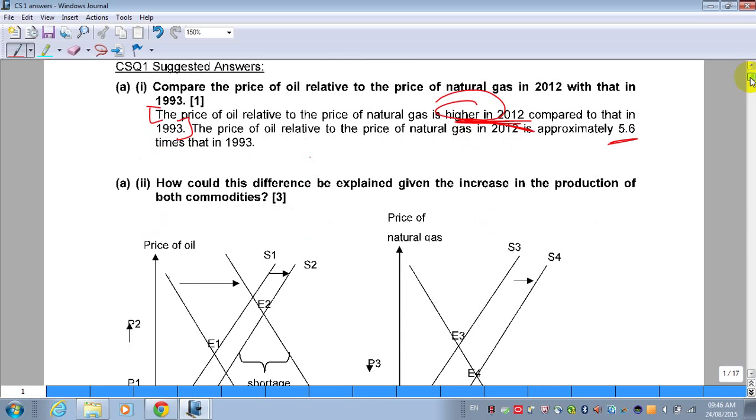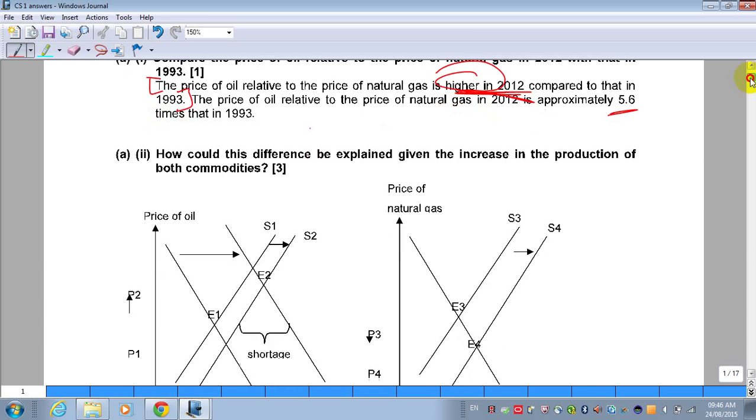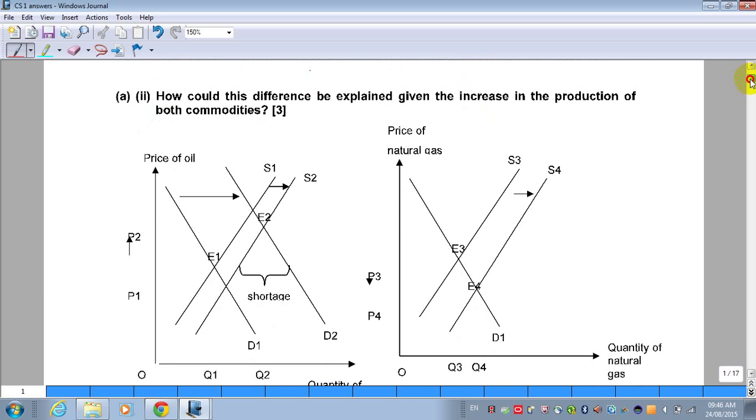In this case, the right analysis tool you need to pick would be that of demand and supply, because it can explain why in 2012 the price of oil relative to natural gas is so much higher as compared to 1993. So use the analysis tool of demand and supply and you'll find it easy.